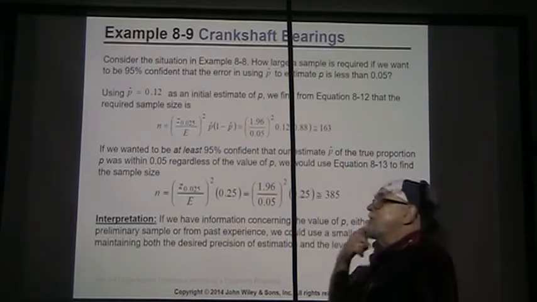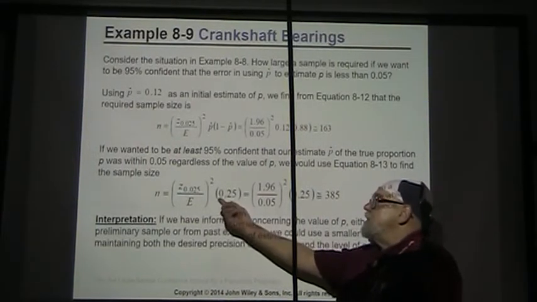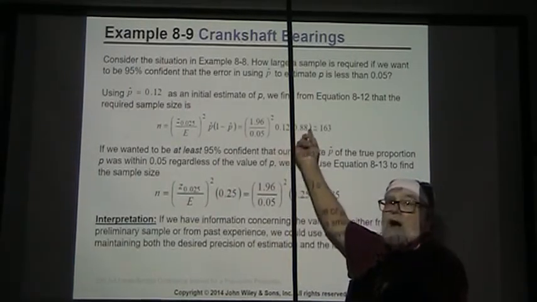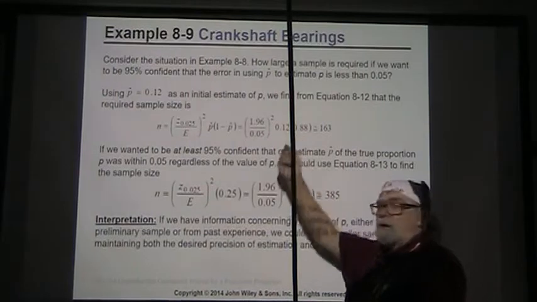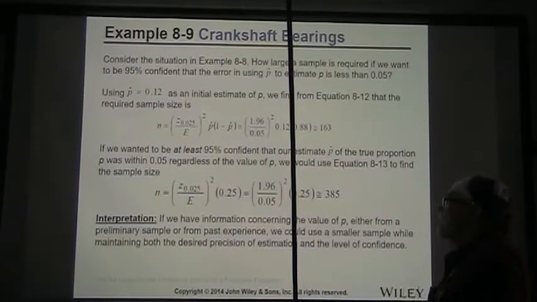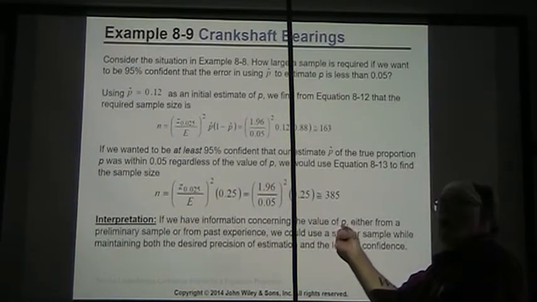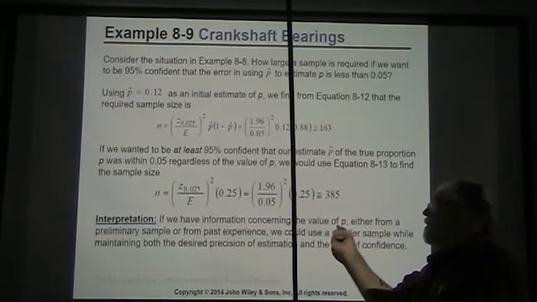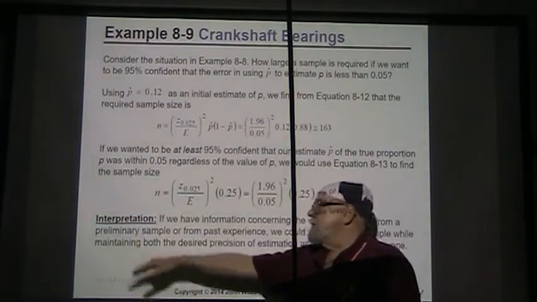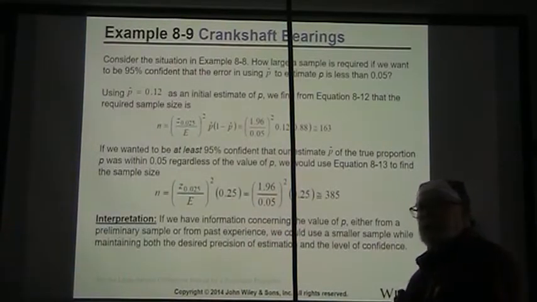So, sometimes it's advantageous not to use our 0.25, but to use our actual p hat. So, if we have information about what our binomial proportion is, that might be from a preliminary sample or from past experience.